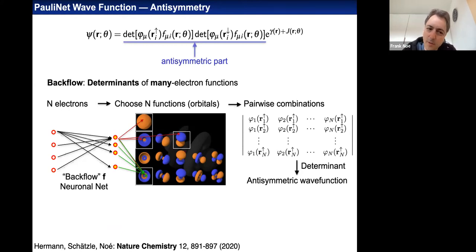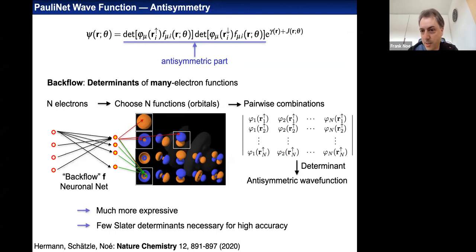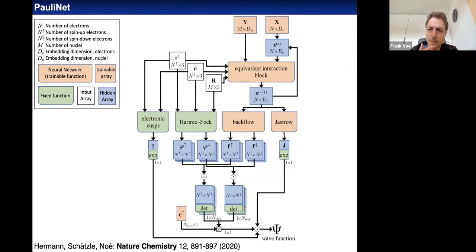But what this neural network does is a nonlinear coupling of the electrons with each other, and the resulting particles at the output of the neural network, these pseudo particles or pseudo electrons, have no multibody information in them. So if you insert them into fixed functions, then effectively that's the same as learning to change the function. And then the hope is that you can get away with many fewer matrix determinants to reach a given accuracy. So the overall learning system looks like this.